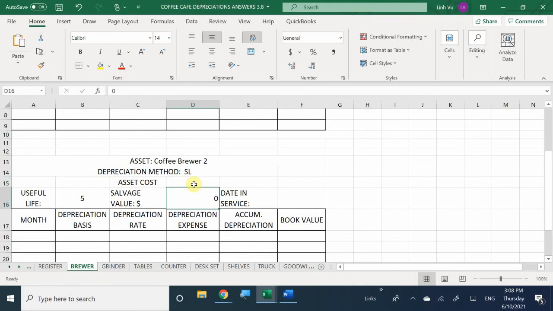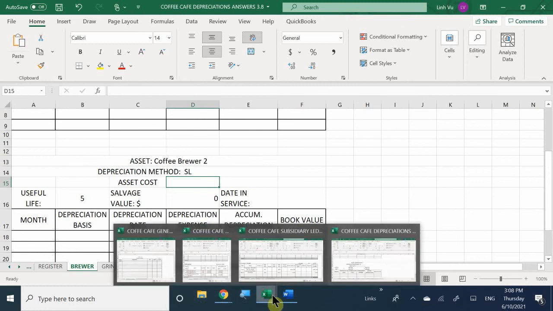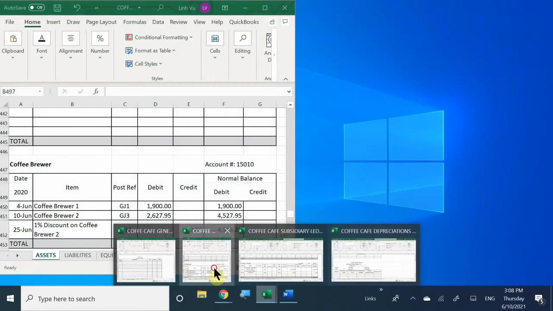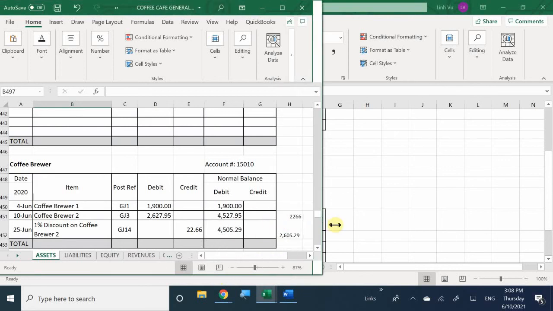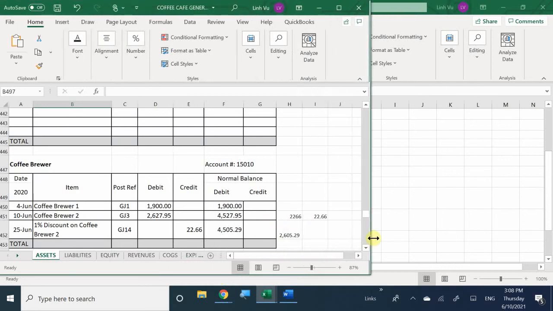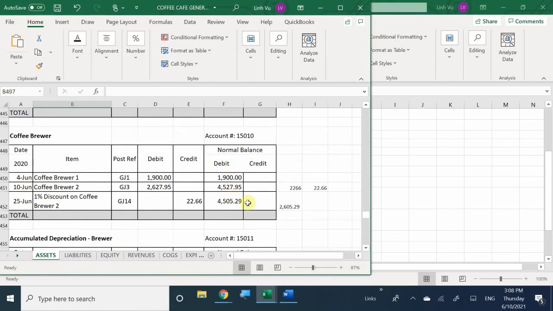I also took a discount off of it. So what was my actual true amount that I purchased my coffee brewer for? If you need to, you can go ahead and work on the side over here. It'll be $2,650.61. Let's see.